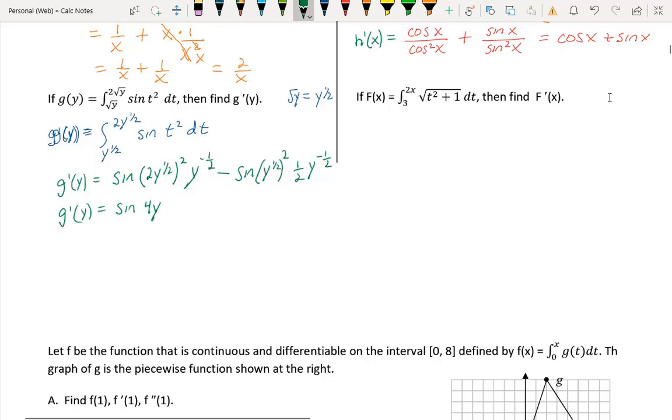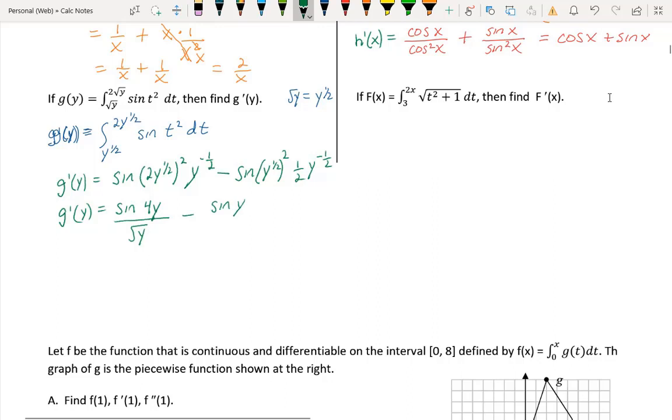We have y to the negative 1/2, which means that's going to drop down to the denominator, and I could write it as y to the 1/2, or as the square root of y. Minus, now the same thing is going to happen over here. I've got sine of y to the 1/2, but I'm going to square the y to the 1/2. So that's going to be sine of y.